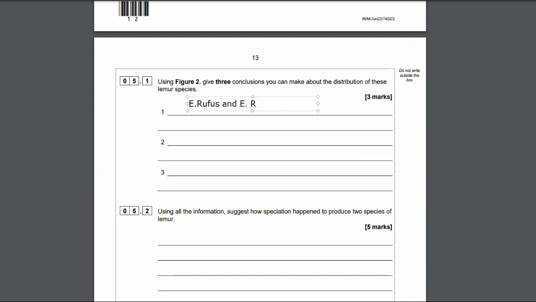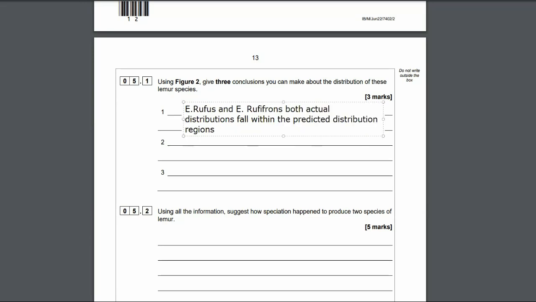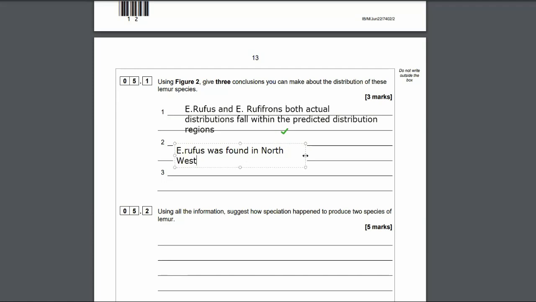So I could say E. rufus and E. rufrions both have their actual distributions fall within the predicted or expected distributions, within the shaded areas. I can also make a second point and say that the expected distributions were bigger than the actual distributions for both.